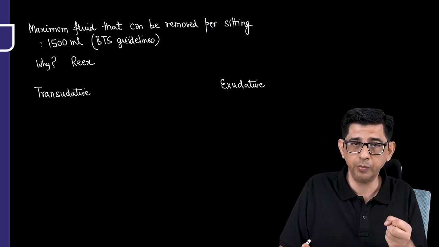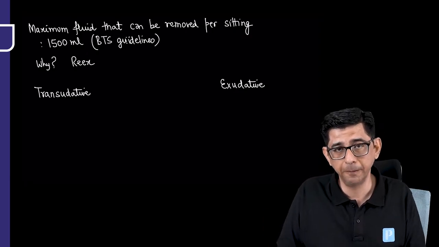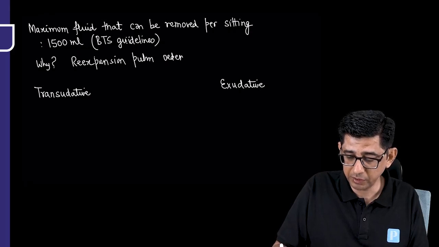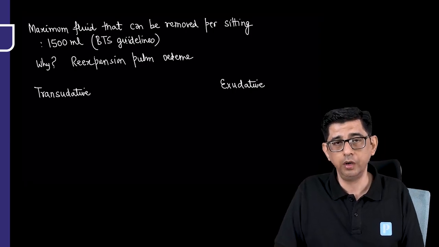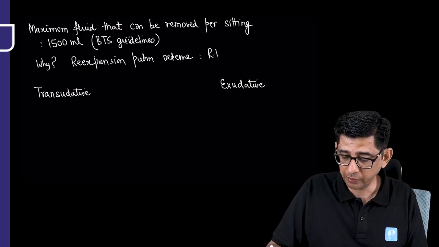Now, when you relieve that pressure, it causes these damaged blood vessels to leak fluid into the alveoli. What I'm trying to teach you at the moment is what is technically called re-expansion pulmonary edema, a peculiar term but worth the effort in the MCQ. Re-expansion pulmonary edema contributes to development of respiratory distress after doing a pleural tapping.